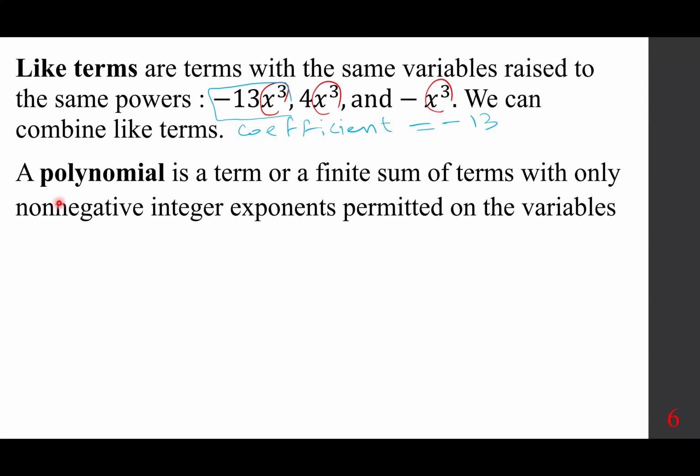Polynomial. A polynomial is a term or a finite sum of terms with only non-negative integer exponents permitted on the variables. So what this means is that the exponents are whole numbers. Otherwise, it is not considered a polynomial.